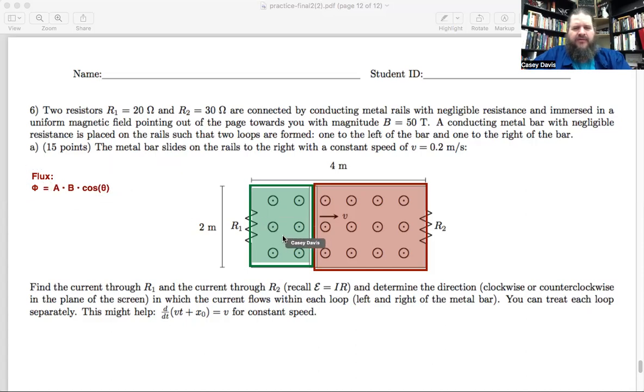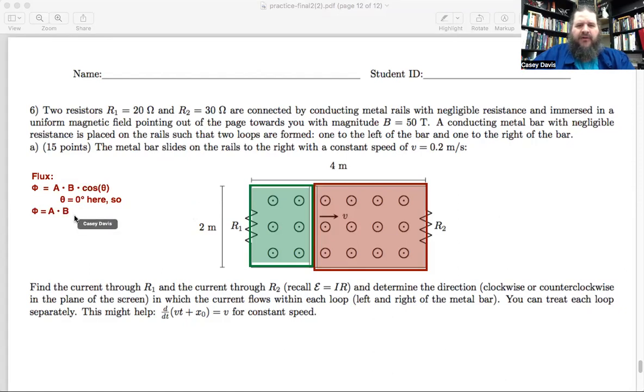In this case, what's the angle between the magnetic field and the normal line? We can take the normal line going out of the page, so theta is 0, so cosine theta is 1. Yeah. So we can say flux is just area times magnetic field.